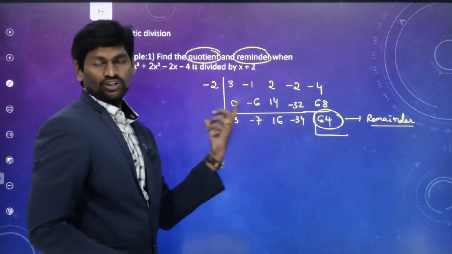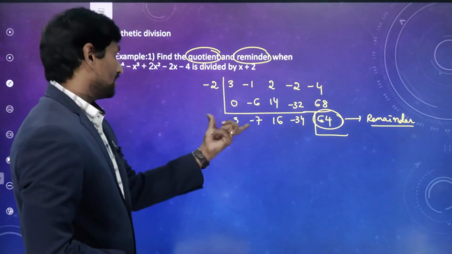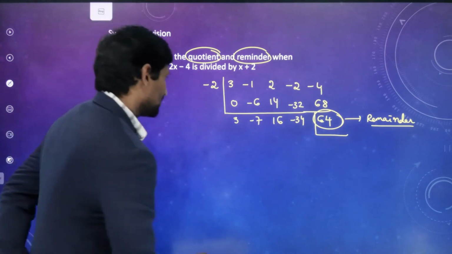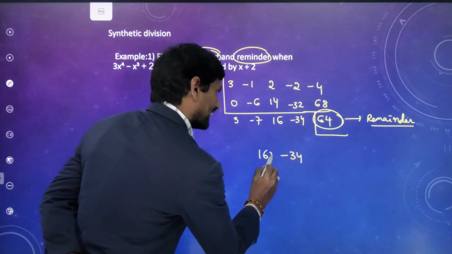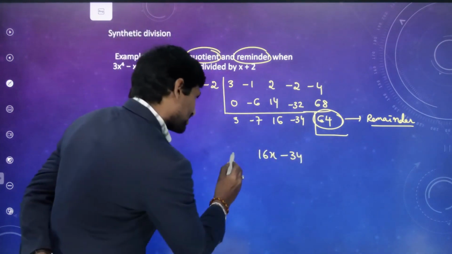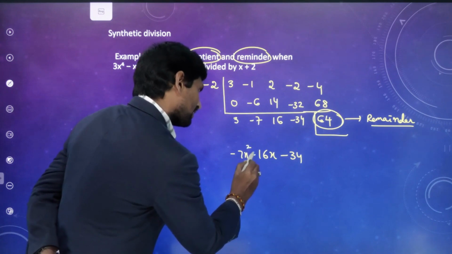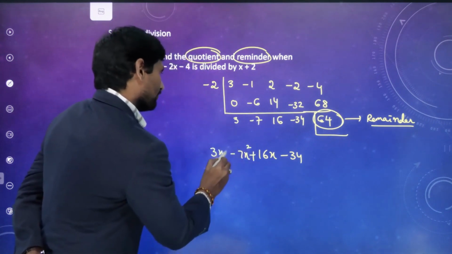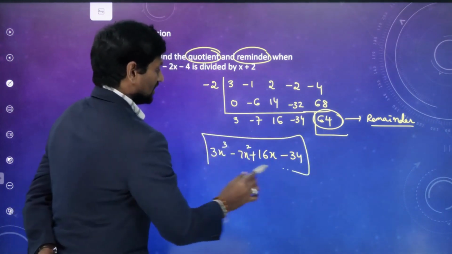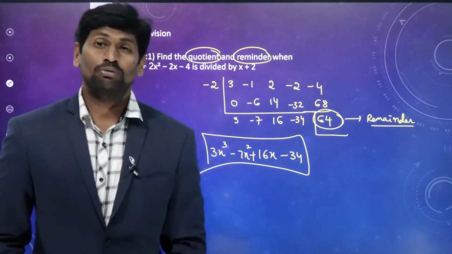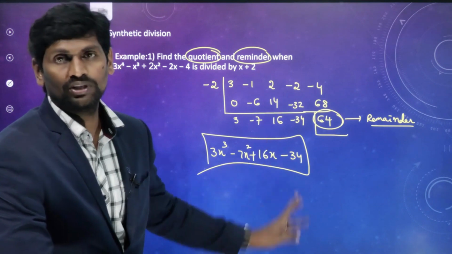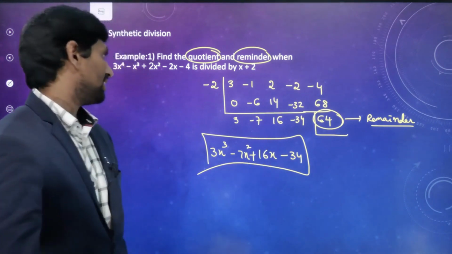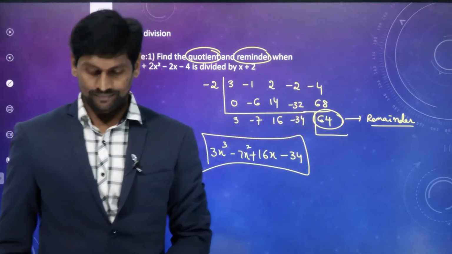The remaining 4 terms are the quotient: minus 30 for the constant term, 16 is the x term, minus 7 the x square term, and 3 the x cube term. That means if a biquadratic polynomial is divided by a linear polynomial, it gives a cubic polynomial. So the remainder is 64.